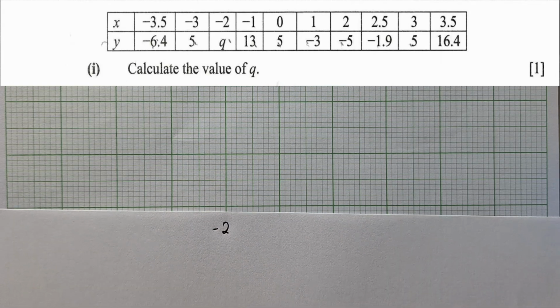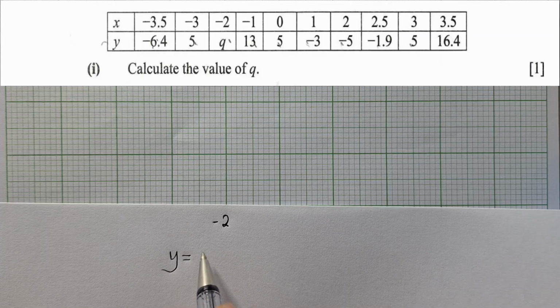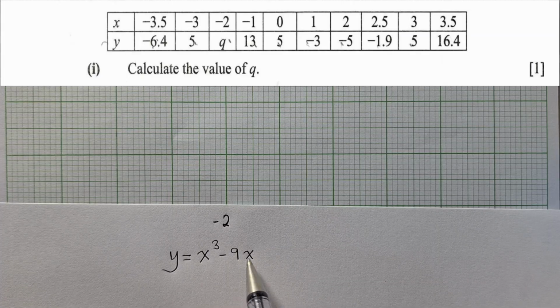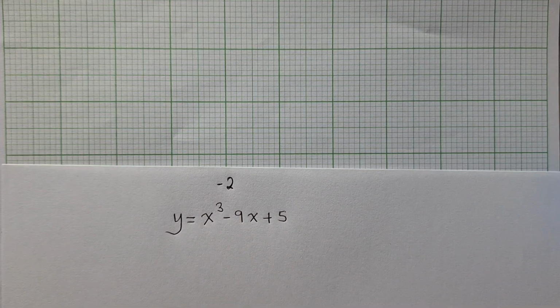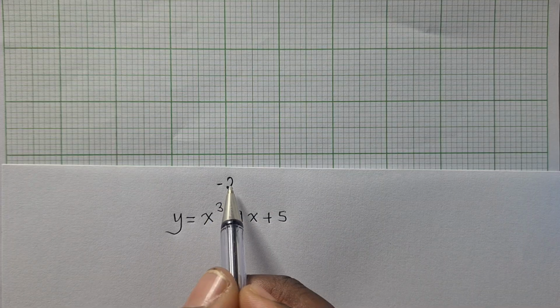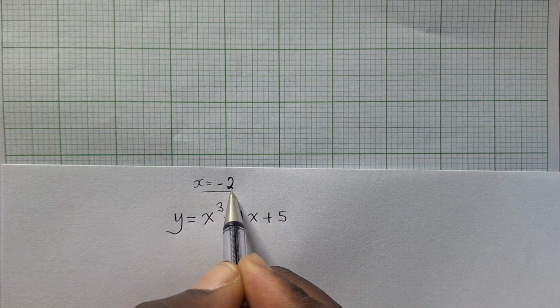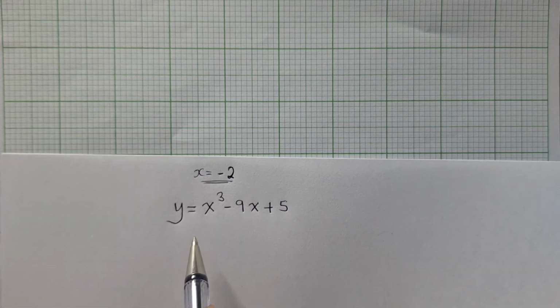Our job will be to get the given equation, y is equal to x power 3 minus 9x plus 5. We know that the value of x is negative 2. You substitute it where x is.